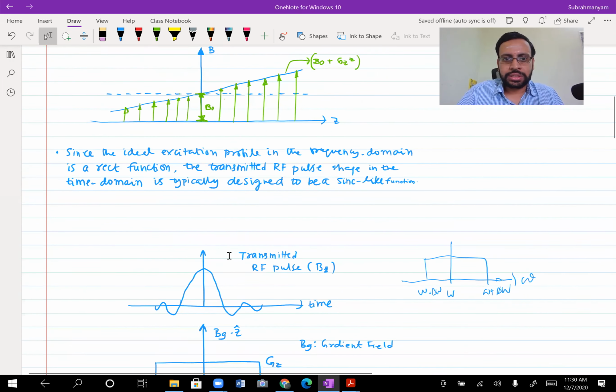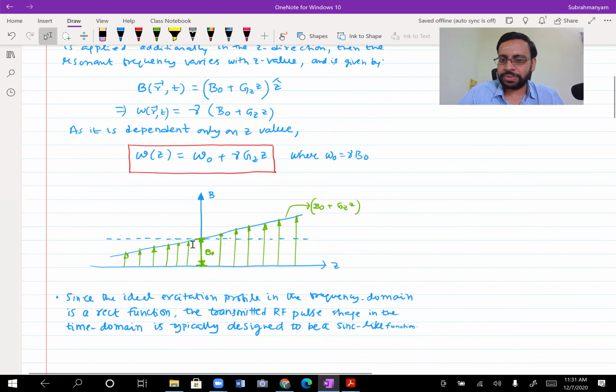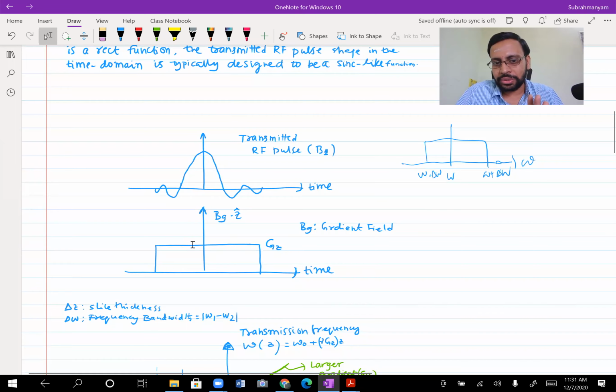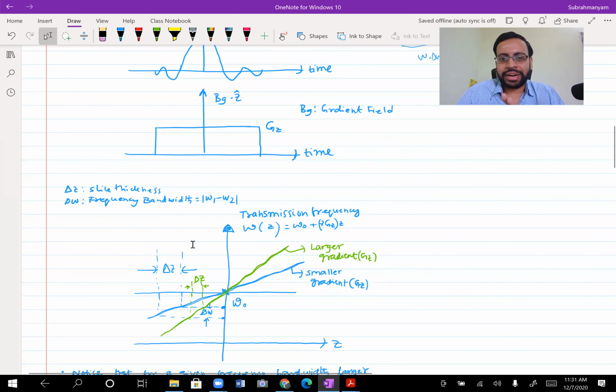By the way, the bandwidth would essentially depend on different things like omega naught particularly, or the magnetic B naught value you have. For the time being, let's not go into that part right now. It's probably not required here. You consider, for a given bandwidth, what is going to happen if I am varying my gradient GZ.